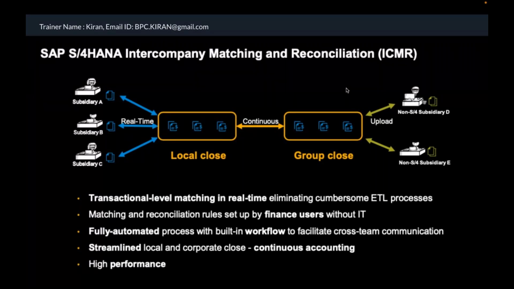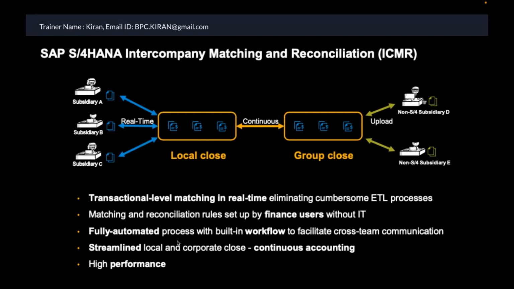The benefits in ICMR: transactional level matching is possible in real time, eliminating the cumbersome ETL process. No need to load the data, you have both the tables, local close and group close, in the same system. The matching and reconciliation rules can even be created by the finance users, the pairs they require. It is a fully automated process.